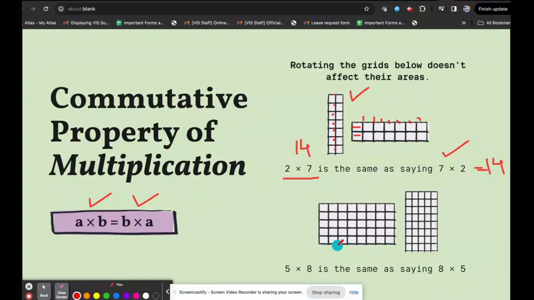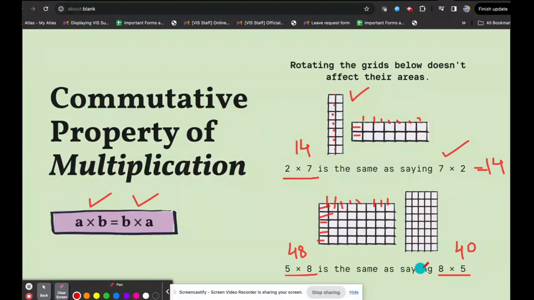In this case also, we have 5 rows, 1, 2, 3, 4, 5, and 8 columns. Let us check the columns now: 1, 2, 3, 4, 5, 6, 7, 8. So 5 times 8 equals 40, and 8 times 5 equals 40.